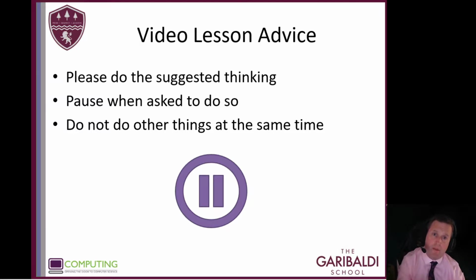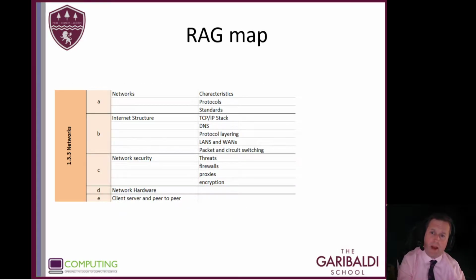It should hopefully help with the retention and help with that recall when you get round to having to do the real thing. So from the RAG map, the sections in particular I'm focusing on here are in the 1.3.3 section, looking at networks overall, protocols and standards. Towards the end of the PowerPoint will be a bit more of a research one for you.